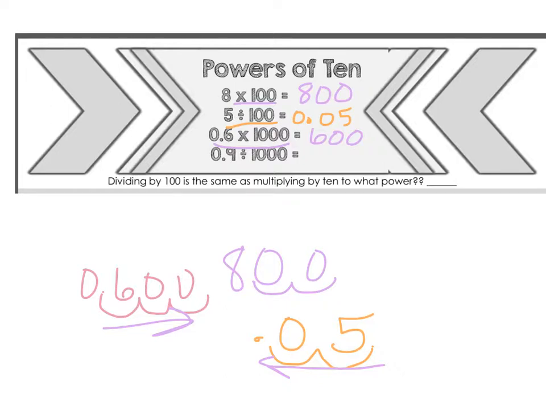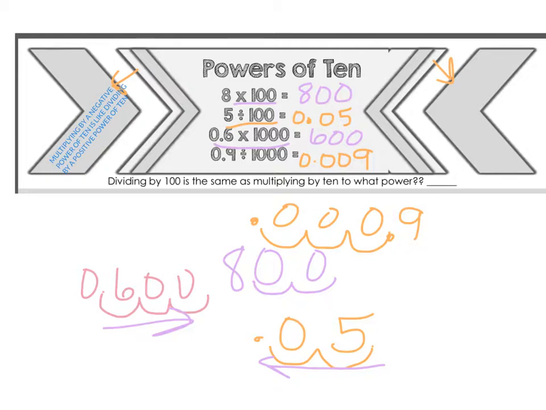All right, last one, 0.9, and we're going to be dividing by 1,000, so we're going to go 3 places this way. So that's going to be 0.009.